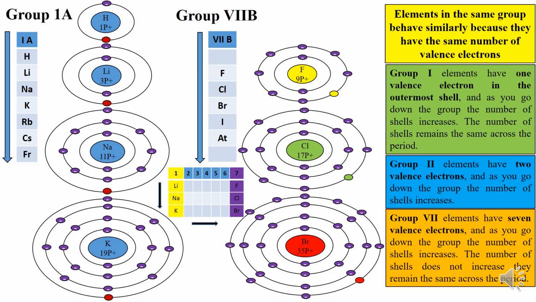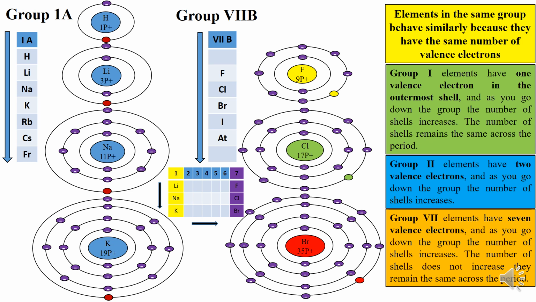Another outstanding feature, when you compare and contrast the group 1 and group 7 elements, since we are talking about reaction between group 1 and group 7 elements, you find that the number of shells are one and the same.